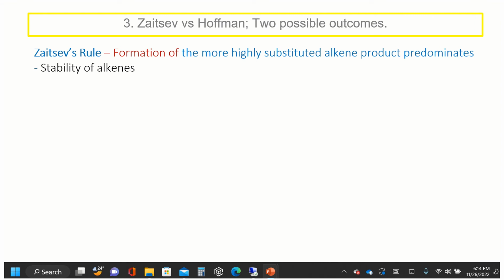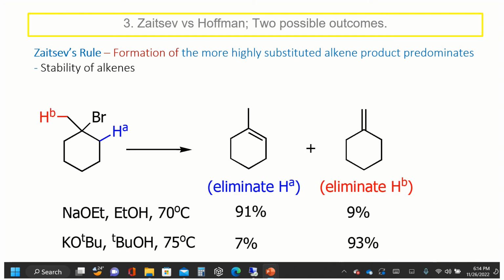So in this case here, you can see that Zaitsev is the more substituted alkene, and so elimination here of this HA will occur more readily using sodium ethoxide. This is the less sterically hindered base. So here 91% is the more substituted alkene, the 1, 2, 3 trisubstituted alkene.